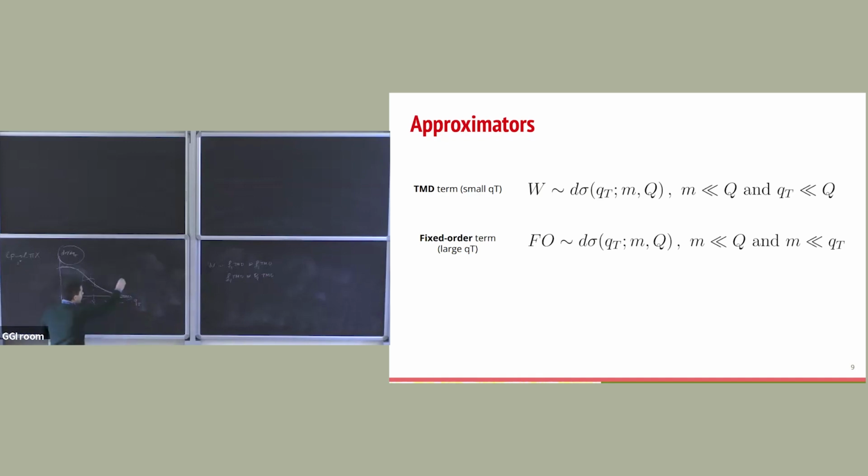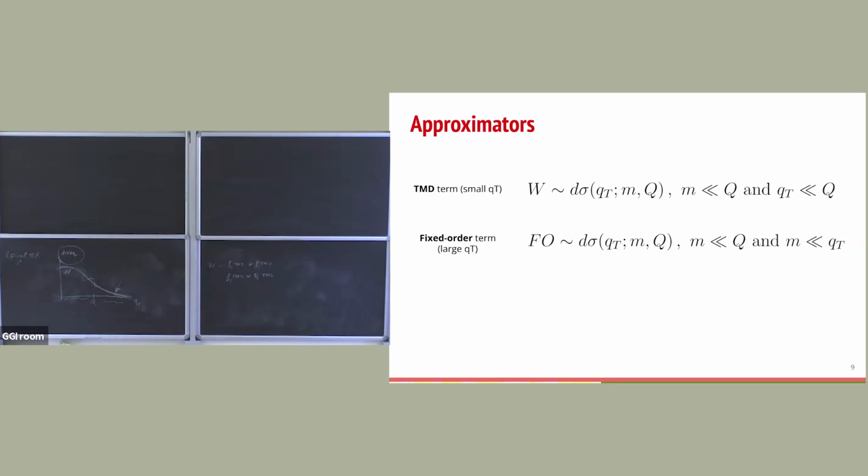Then I want to understand how to describe the large Qt part. I do it by using fixed order perturbation theory. FO stands for fixed order.